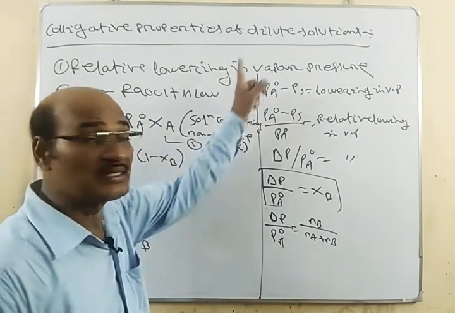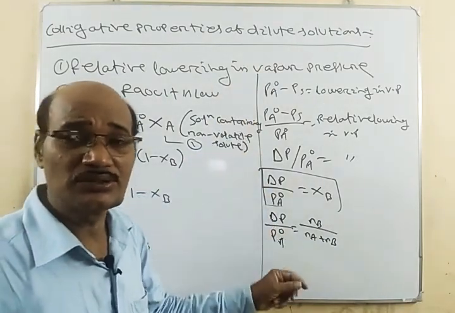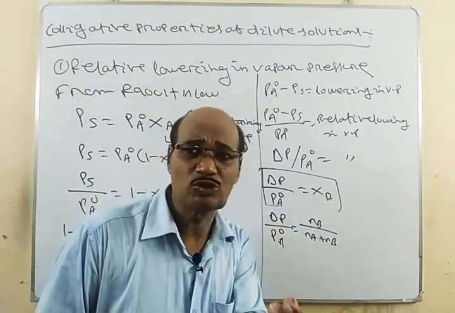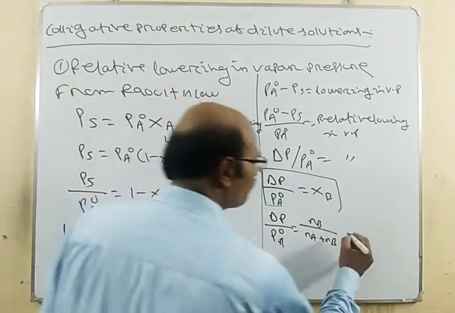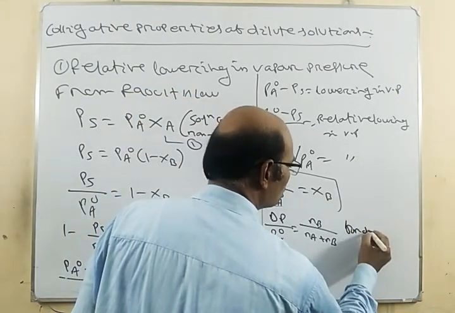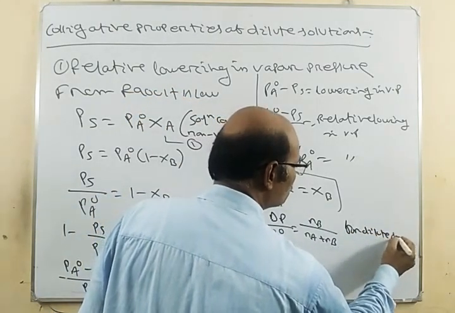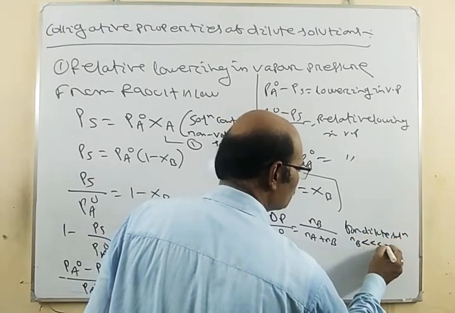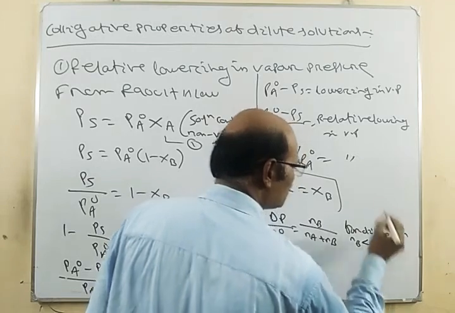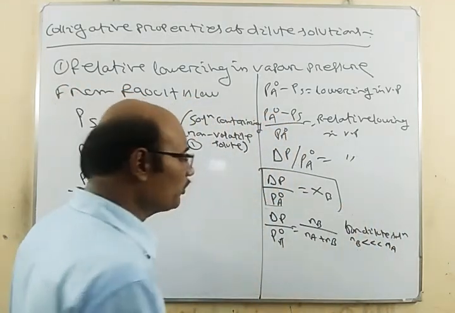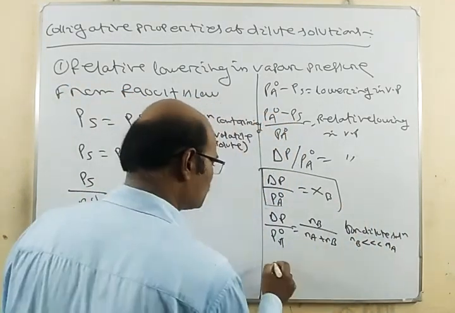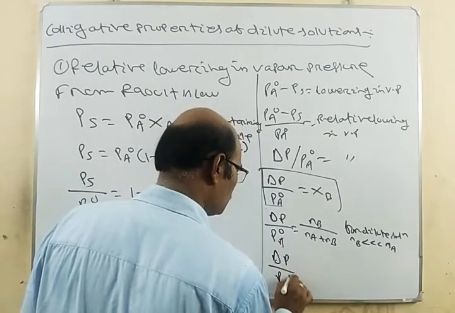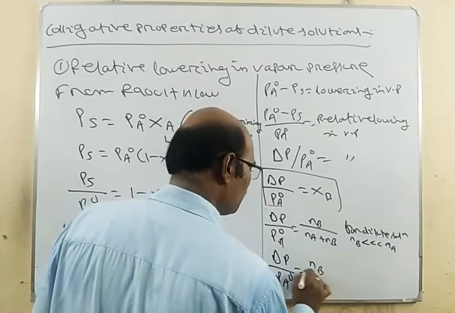But we have taken dilute solutions. That means NB is very small, a small amount of solute we have taken. For a dilute solution, NB is much less than NA. Therefore, from the denominator, we can say delta P by PA0 is equal to NB by NA.